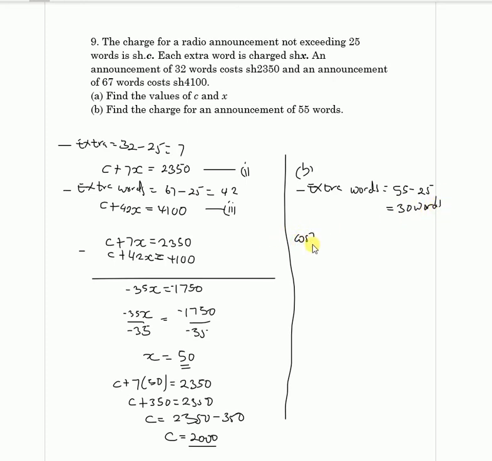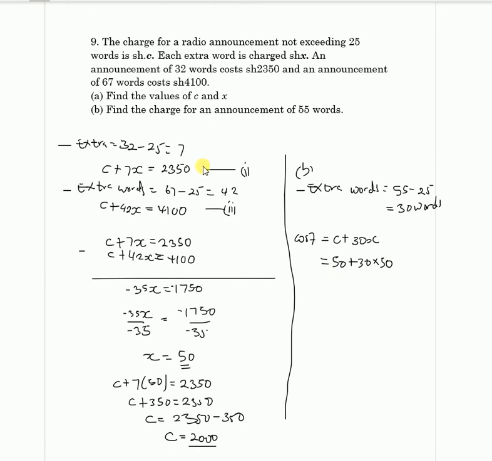So the cost is C plus 30 times X. You get the C plus the number of extra words times X. So this one is C, plus the 30 extra words times each one at 50.